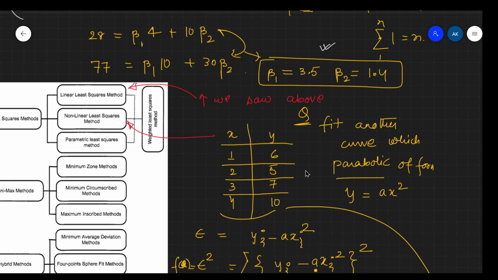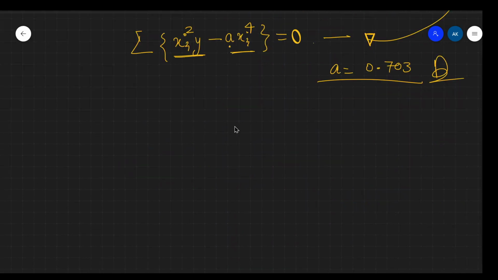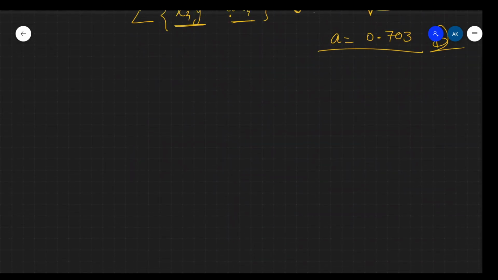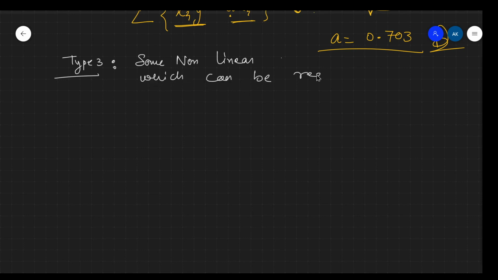Now there can be questions where you can reduce this non-linear form into a linear one. That you'll also see in one example. Now type 3 we are seeing. Type 3 is some non-linear model which can be reduced to linear form.